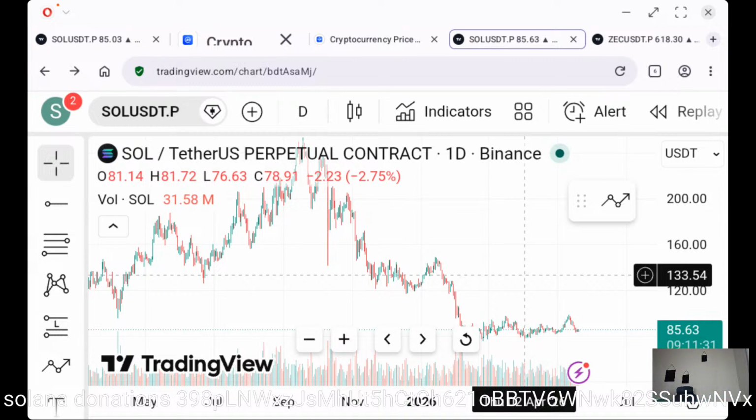We are still in the New York session. We're waiting for some sort of movement. At the moment, the chart isn't giving us any opportunities, so we have to just sit it out.